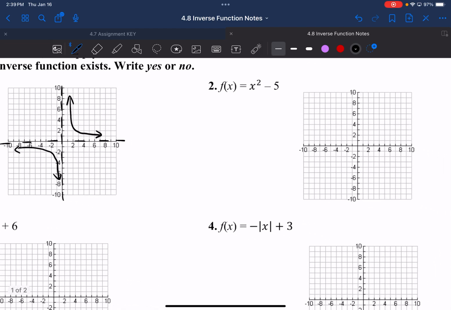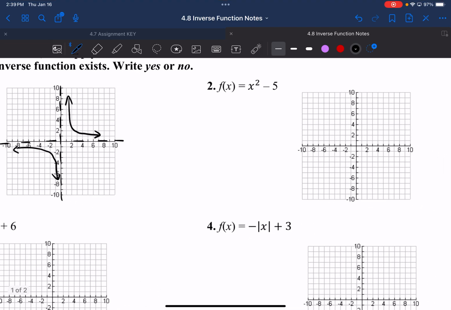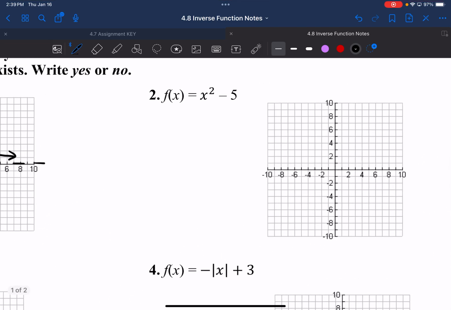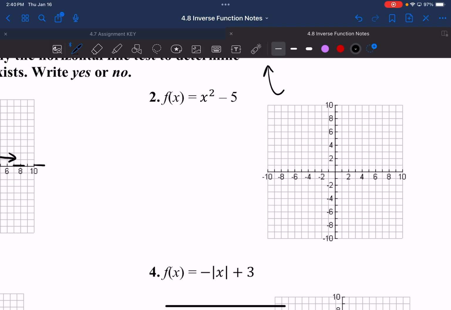All right. For example number 2, what's the parent function we're dealing with on number 2? Quadratic, right? So we know that's our parabola. Okay, and our parabola normally has a point right here on the origin, right? But this function has been shifted how? Down 5. Perfect.